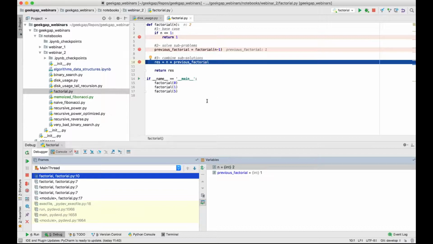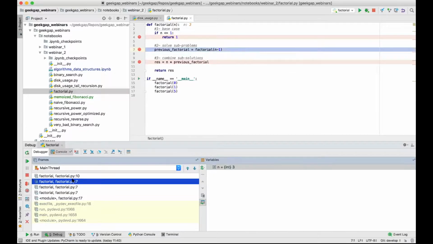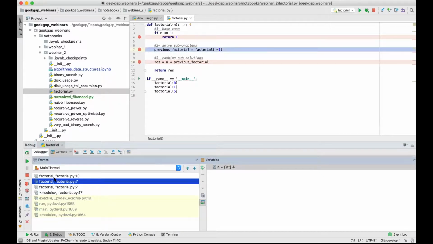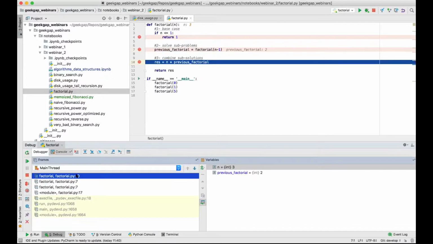And you can see now that we are at the base case, we can now sum up. When we have factorial of 3, we computed factorial of 2, and factorial of 2 returned from the previous one. So here we move on, and you can see all the results are now accumulating in order to give us the final answer that we need.